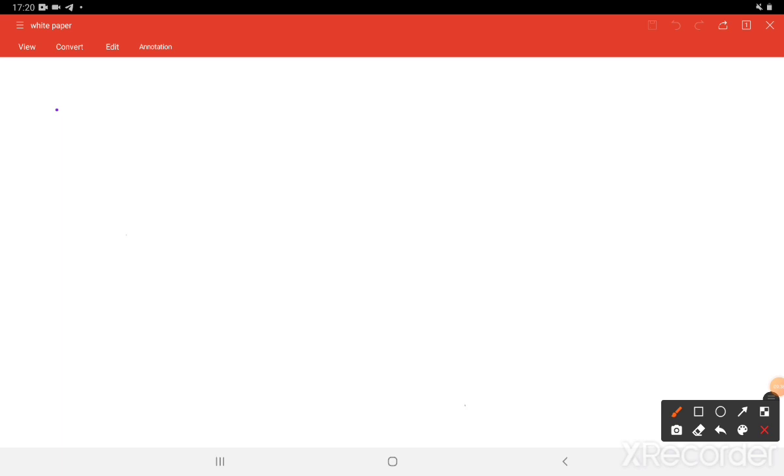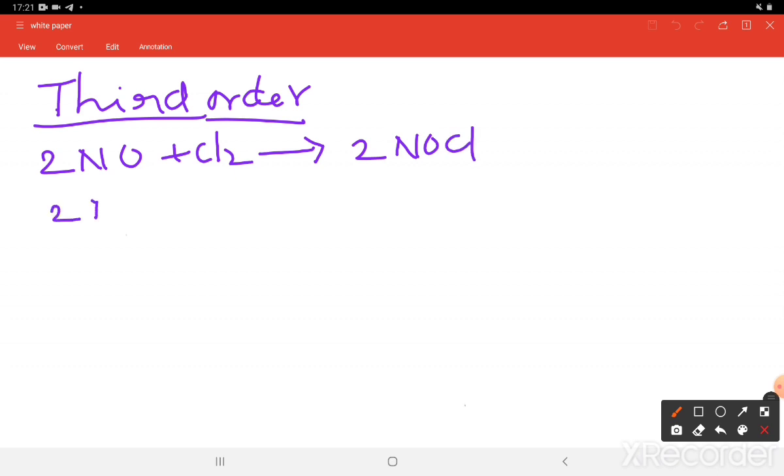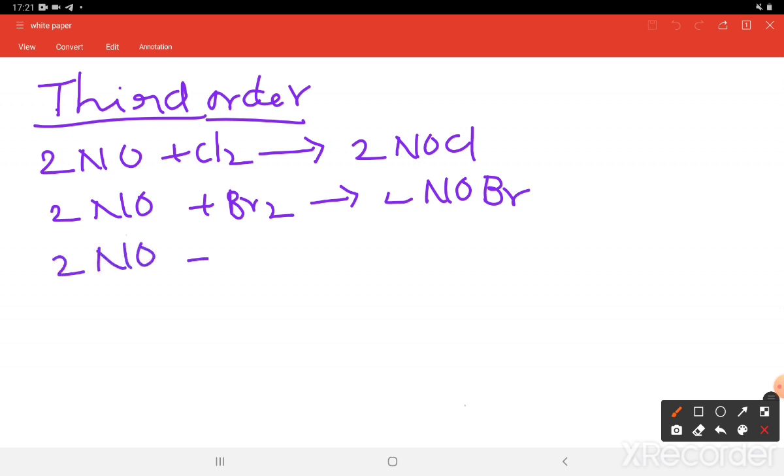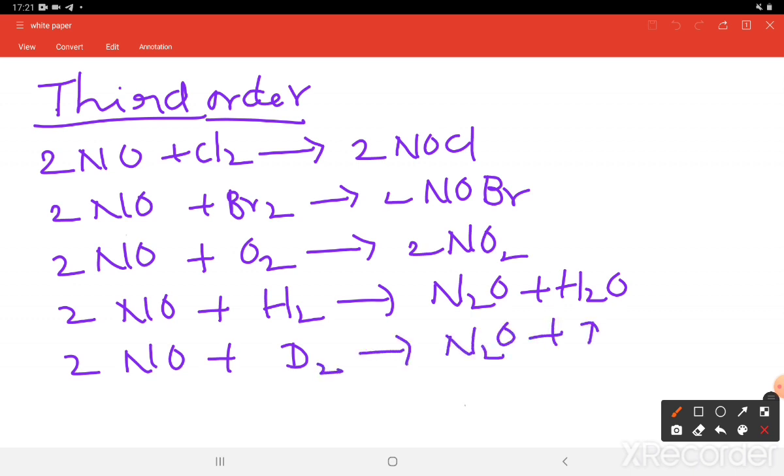Some examples of third order reaction: nitric oxide reaction with chlorine, 2NOCl, with bromine to give NOBr, with O2 to give NO2, with H2 to give nitrous oxide and water, with deuterium to give nitrous oxide and D2O.